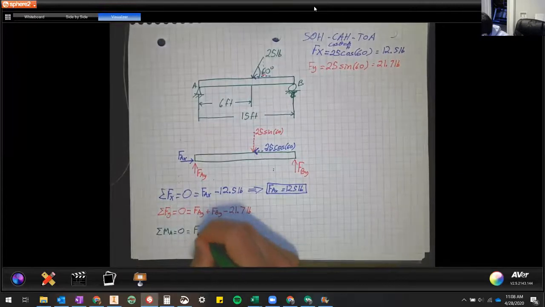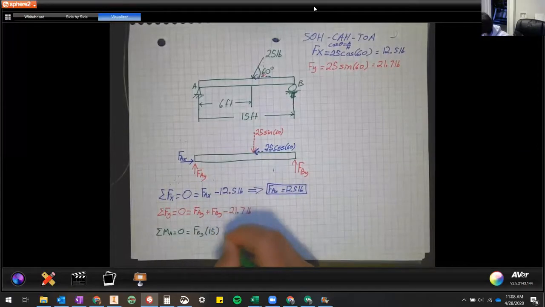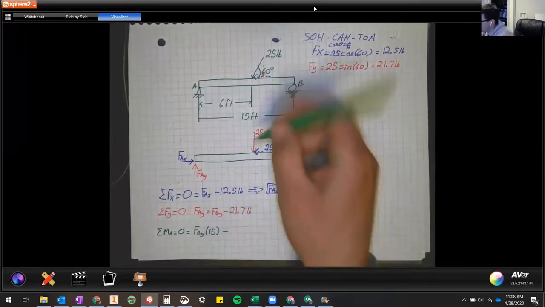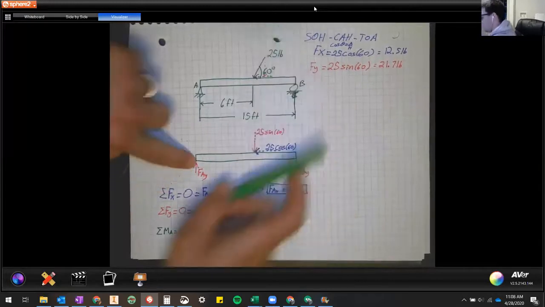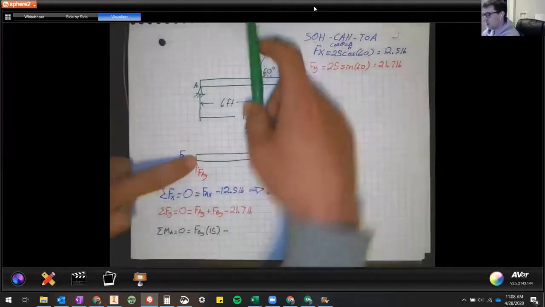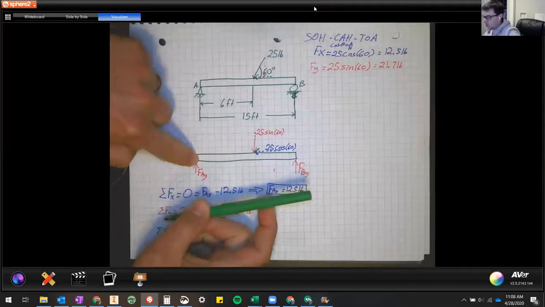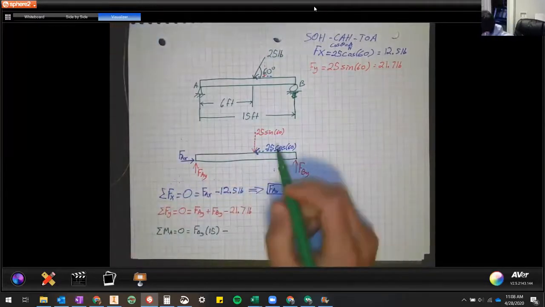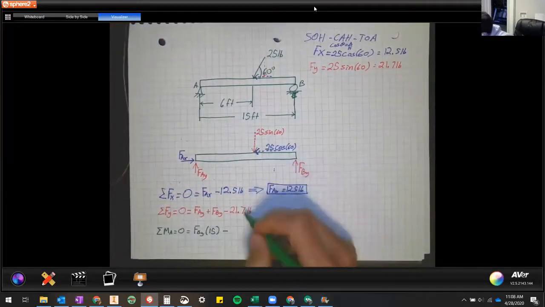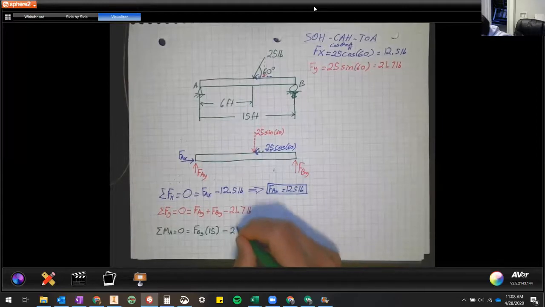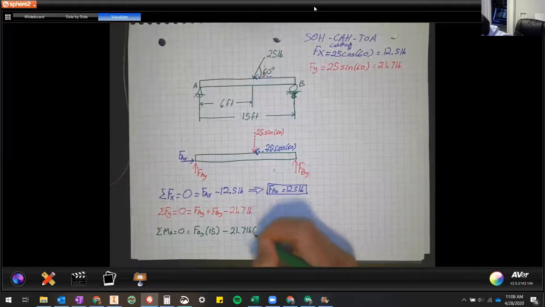So FBY times 15, minus the 25 is acting down, and so that would be going clockwise. The 25 sine 60, so it's 21.7 pounds times 6 feet.